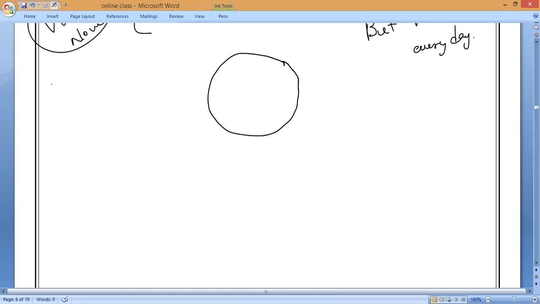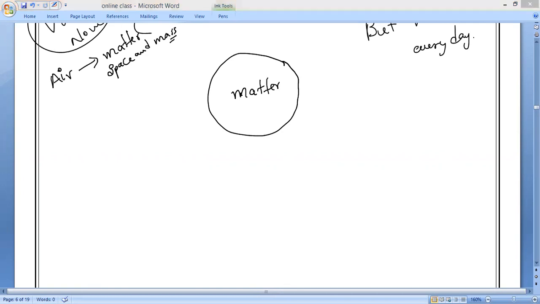Even though air is not visible, is air a matter or not? Yes, it is matter. Why? It is a colorless, invisible substance, but it still occupies space and also has mass. So if we take any kind of mass, we can say matter. This matter is classified in different ways.